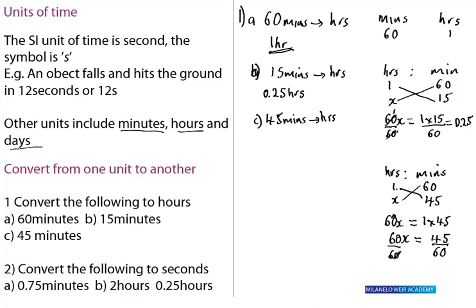So if you just punch it into your calculator, you'll get 0.75. So x is equal to 0.75. So 45 minutes is 0.75 hours.